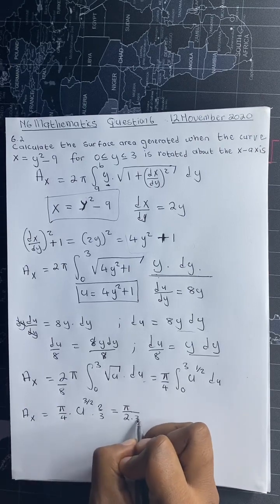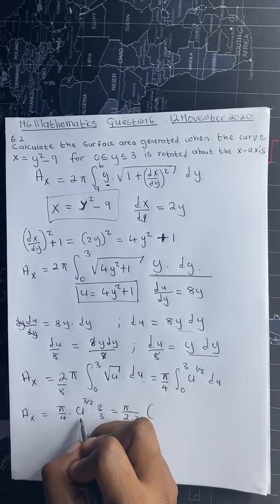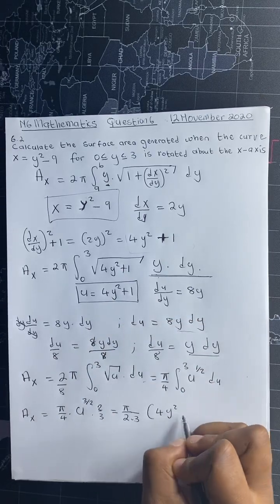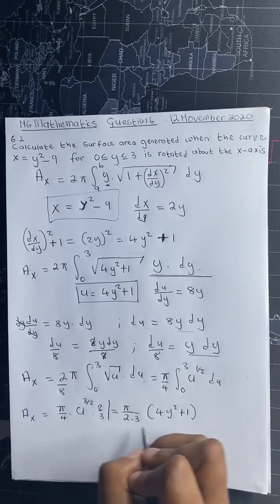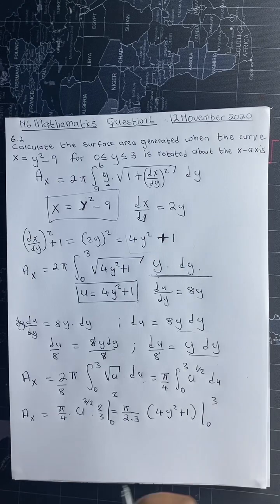And we also have this 3. And in the place of this u, we substitute back the 4y squared plus 1. And our boundary was from 0 to 3.